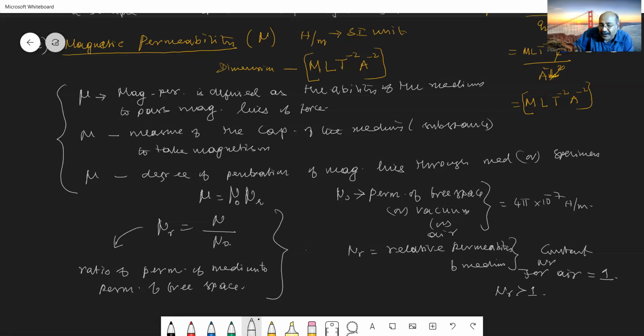Since it is the ratio between two quantities of the same type, Henry per meter and Henry per meter, mu r is considered a unitless or dimensionless quantity. This is what we call mu r.